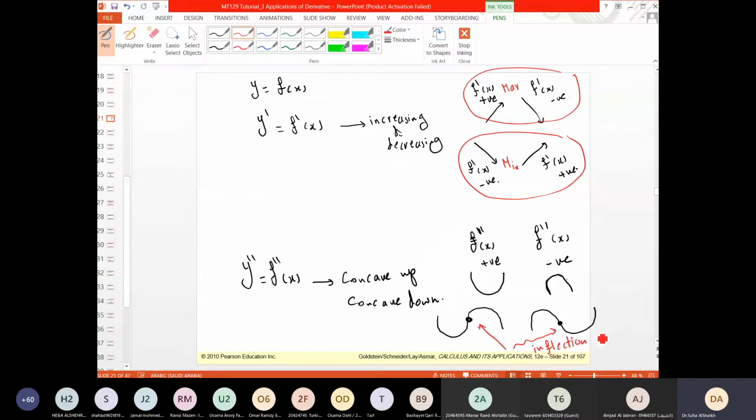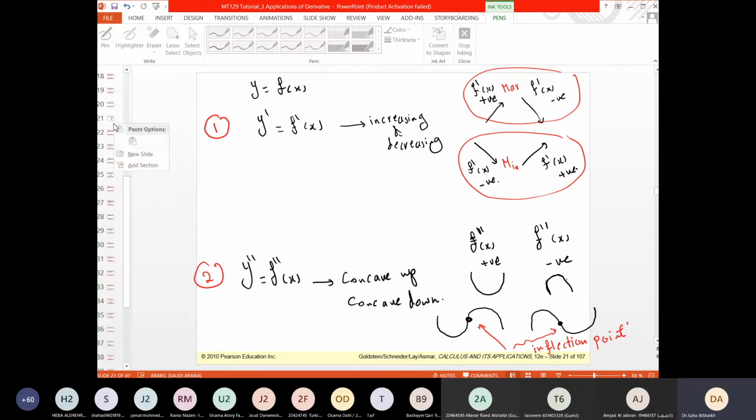Yeah, that's correct. Inflection point. So those are the basic concepts that we have. First, we have increasing, decreasing, local maximum, local minimum point. And the second thing, we have concave up and concave down. Okay? Using the first and the second derivative rule.